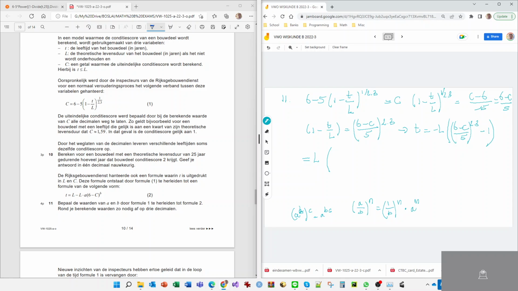So, and the minus sign, so I get negative 1 over 5 to the power 2.3 times 6 minus c to the power 2.3 plus 1.